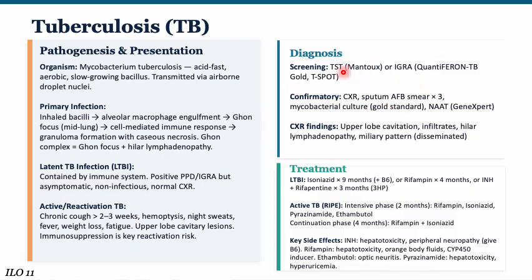So if either one of these comes back positive, you have to do a confirmatory test with a chest x-ray and sputum smears. You'll try to get 3 AFBs.